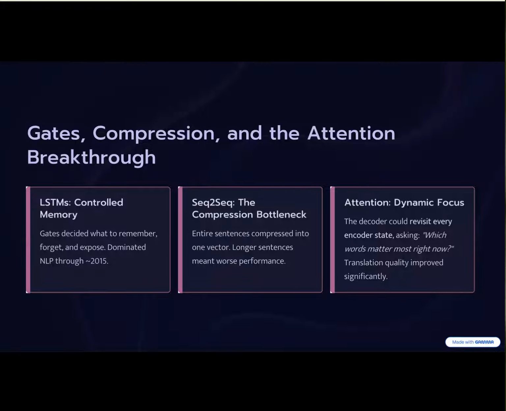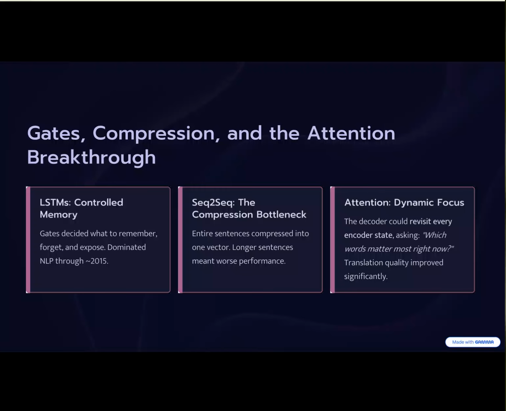When generating each output word, it could ask which words matter most right now, which means where I should turn my attention to. Based on this, translation quality improved significantly. Many people later argued that attention itself, not the transformers, was really the true breakthrough, because attention removed the information bottleneck.